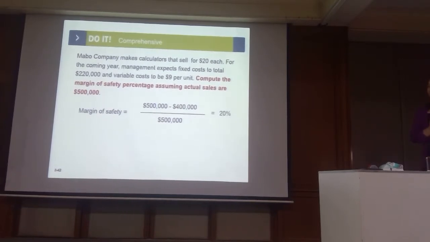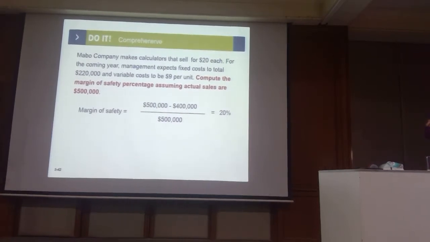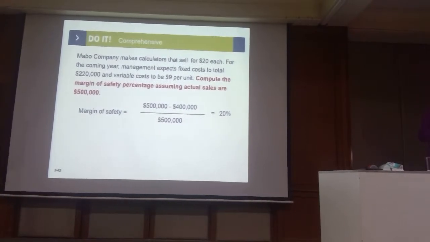The margin of safety of this company equals 20%. It means that this company's sales can drop by not more than 20%. If the current sales drop by more than 20%, this company will have a loss, okay? This tells you how far the sales can drop. In this case, not more than 20%, okay?